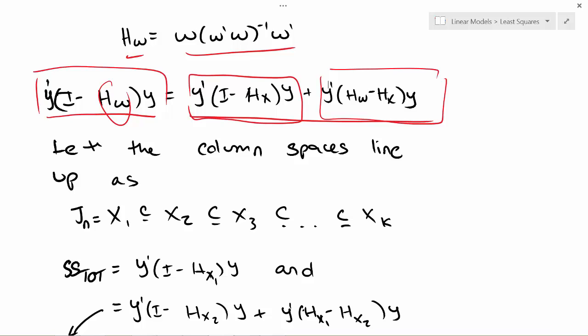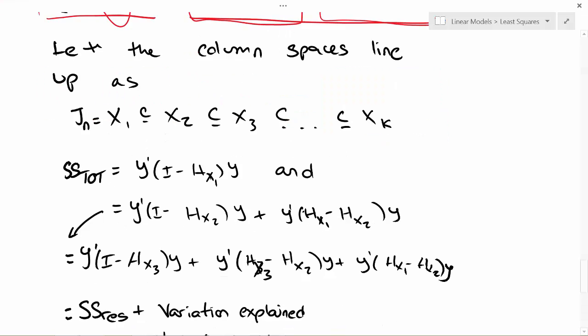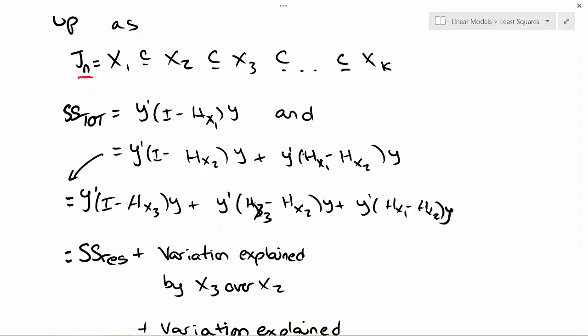Imagine if we had now an X1, an X2, an X3, and up to an Xk, where let's say that X1 was Jn, but then we each had a bunch of nested design matrices, nested in the sense of their column spaces. The column space of X1 was contained in the column space of X2, and so on. Okay? Then let's just take this first step, SS total, which would be y transpose (I minus Hx1) y.